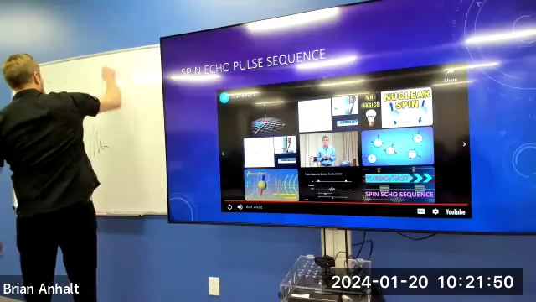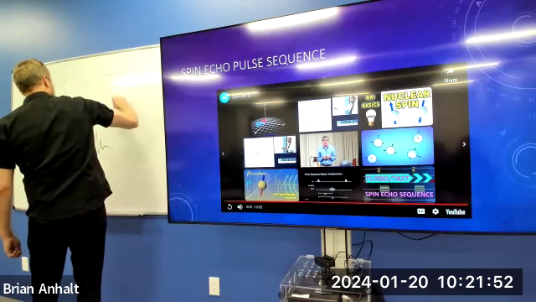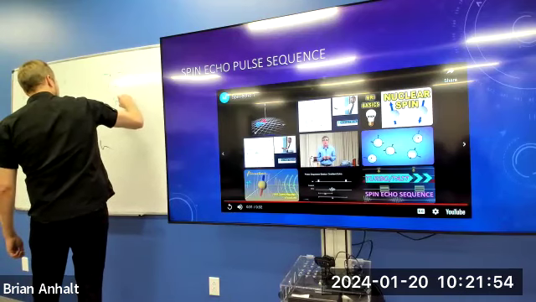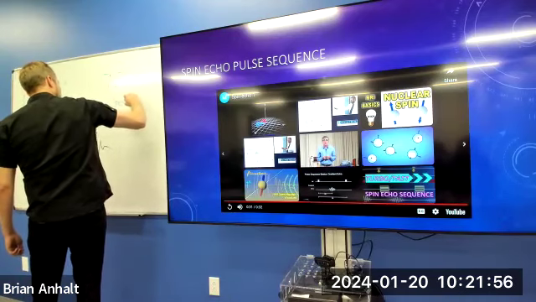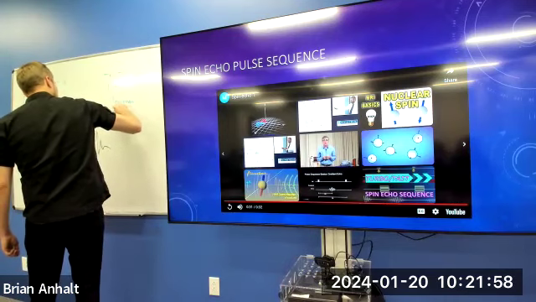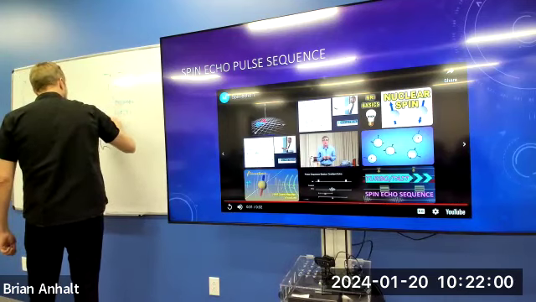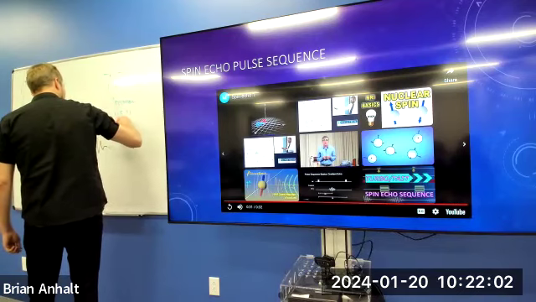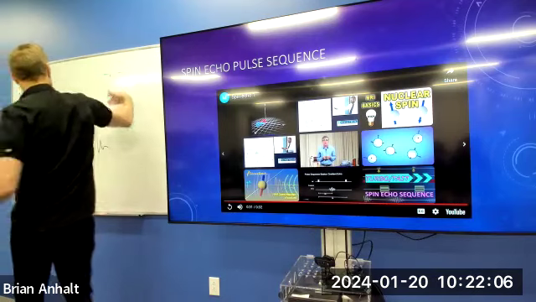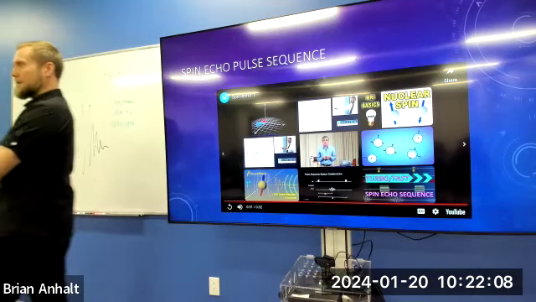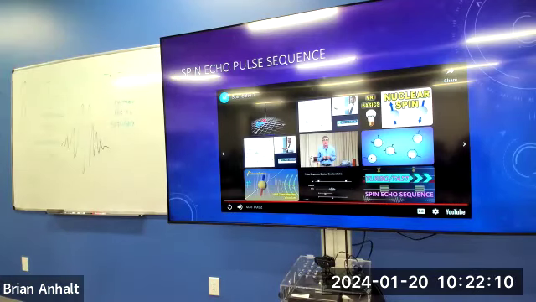T2 is dephasing due to spin-spin interaction, T2 prime. This is not reversible. The spins interacting with each other cannot be reversed. This is happening on a quantum level.